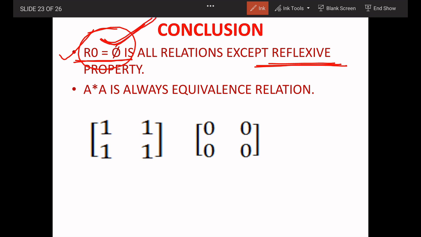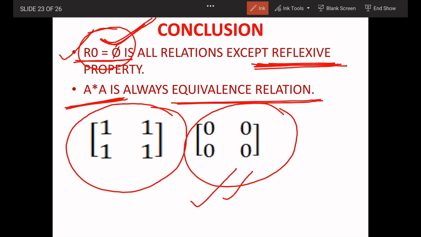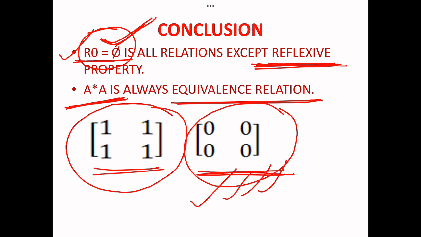This is not reflexive, and A cross A is the equivalence relation. So this is my equivalence relation, and that one is not reflexive, but it is symmetric, antisymmetric, and transitive. By the help of the matrix also we can say the conclusion.